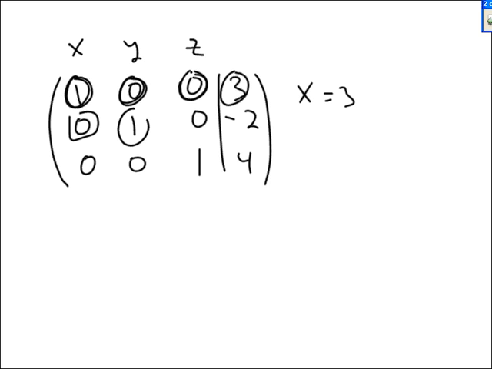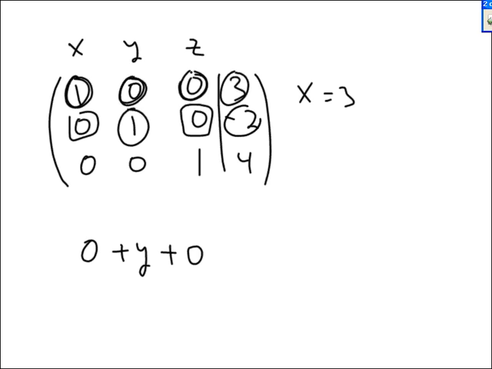0x plus 1y. Well, 0x is 0. 1 times y is y. 0 plus y is y. 0 times z is 0. So basically you have 0 from 0x plus y from 1y plus 0 which came from 0z. This is y.